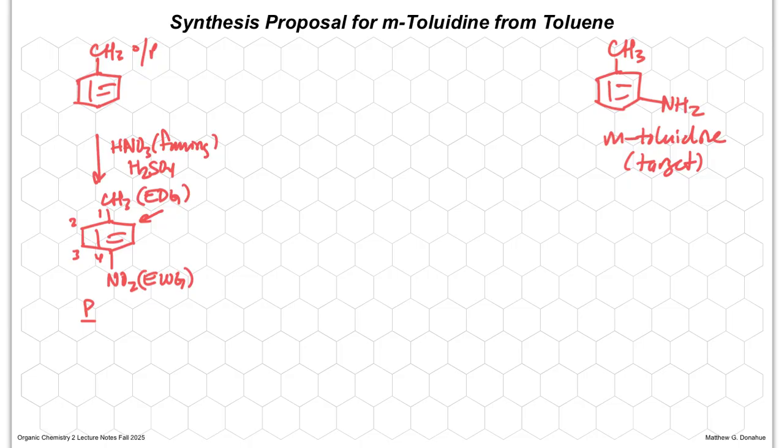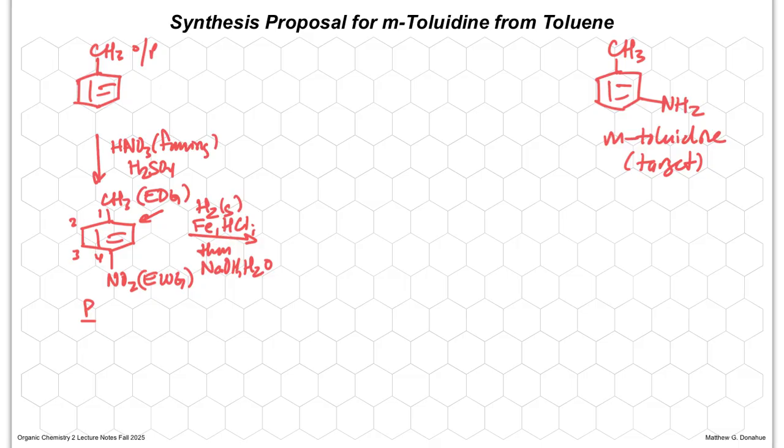So what we're going to do is reduce that nitro group to the amino group. We can use hydrogen gas, iron metal, HCl, and then adjust the pH so that we end up with the amino group.